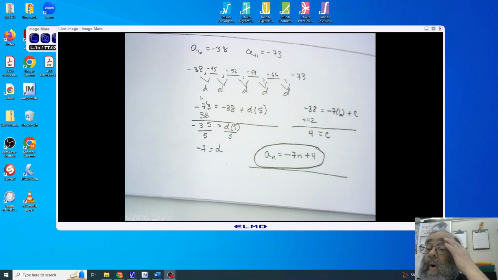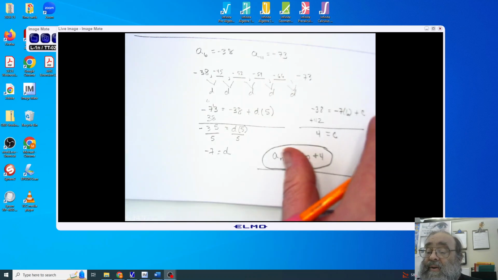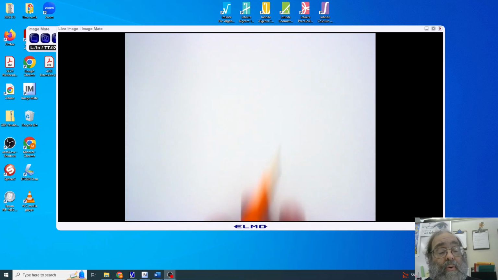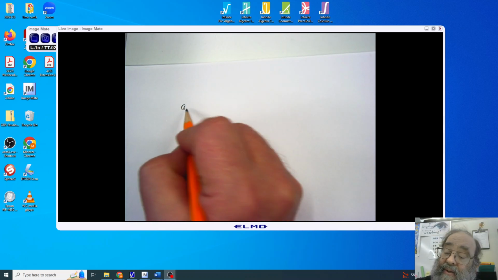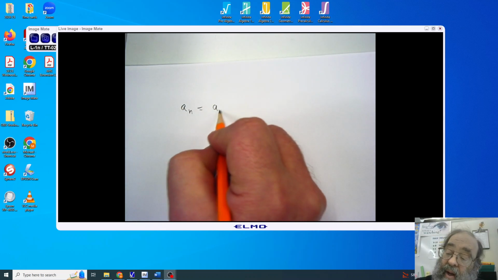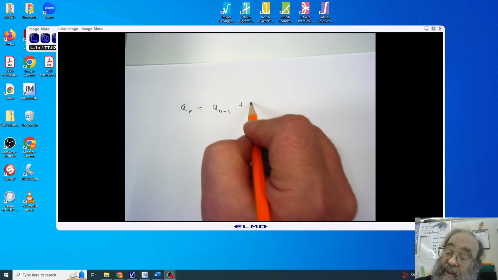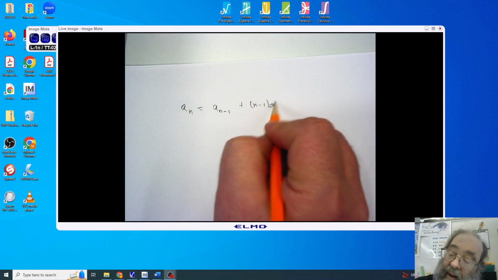Okay, so please be aware of that. Also, just a reminder, it is often the case that we will use the formula a sub n equals a sub 1 plus n minus 1 times d.